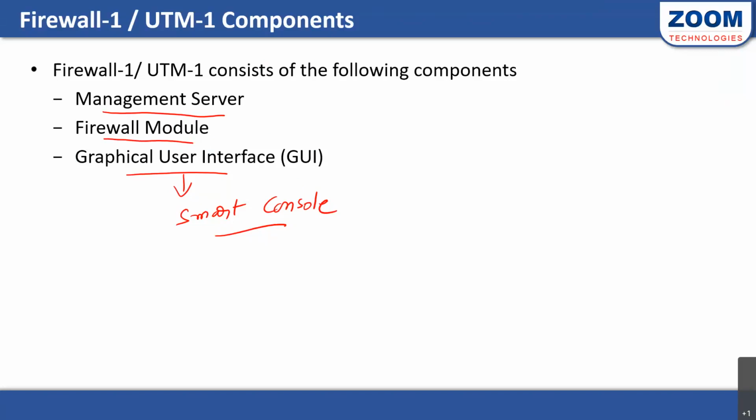So packet is matching with rule number 1. So what should I do? Should I accept it or deny it? If it is given as accept, it will accept and let it pass through. If it is given as deny, firewall will drop it. So these are the three different modules which we have in Checkpoint, right? So let me show you with the interface of the Checkpoint UTM and how we can do the configurations on this particular checkpoint.